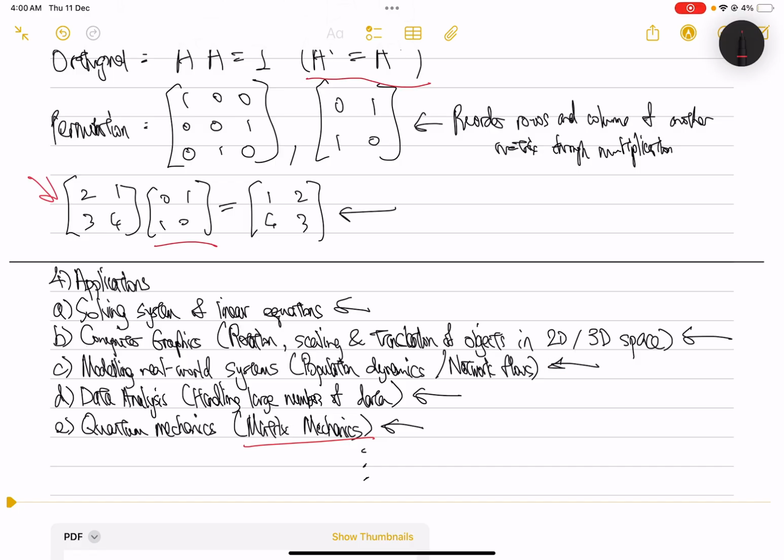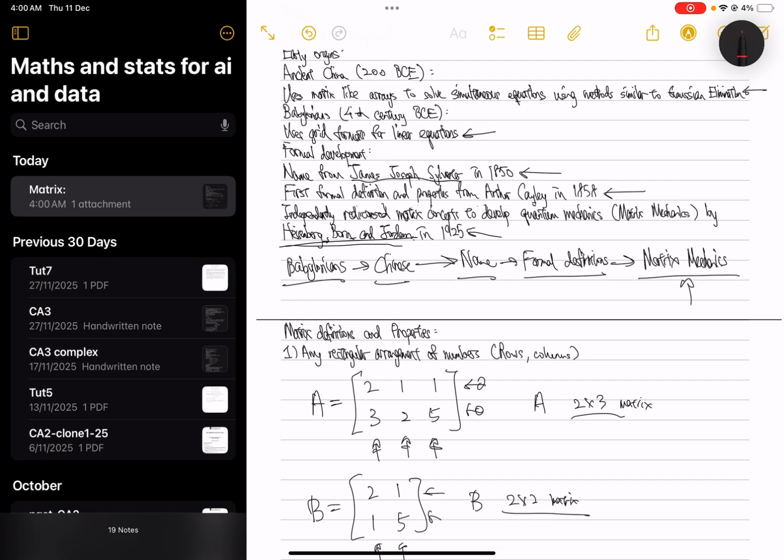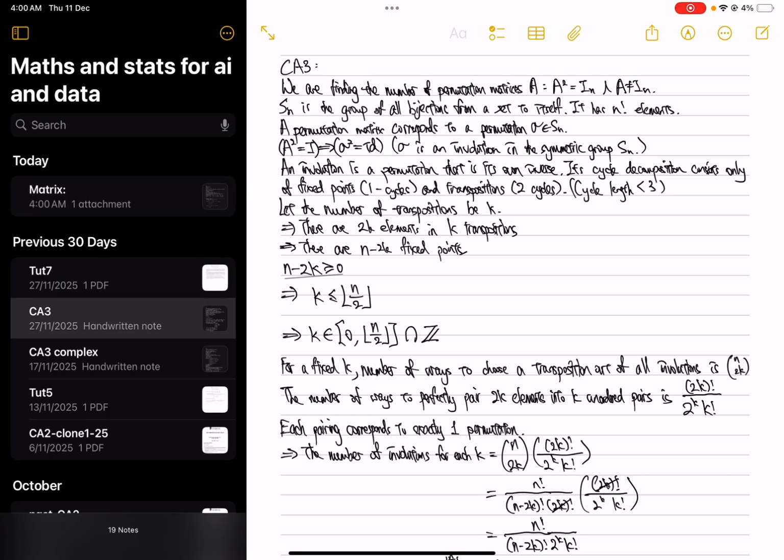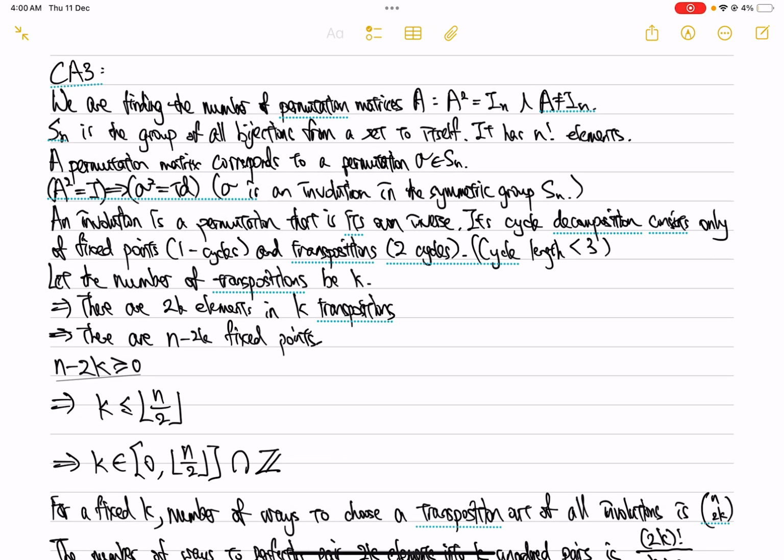And as for the proper assignment, I'll open another file, as you can see here. Essentially, what we're trying to do is find the number of permutation matrices A such that A squared is equal to the identity and A is not the identity itself.